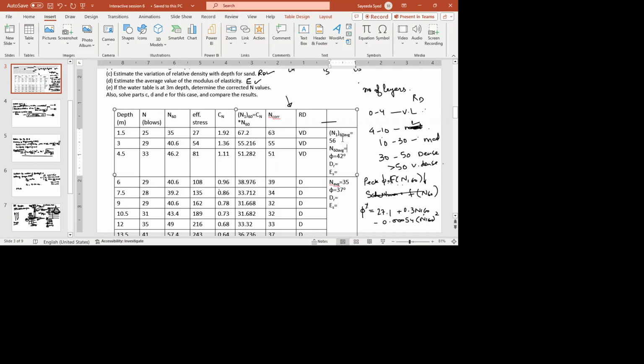It's approximately 58, and let me copy this to here.